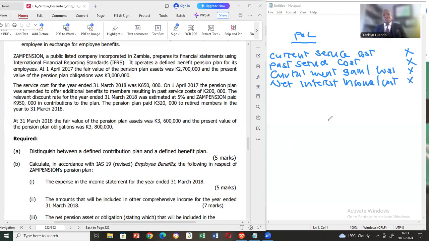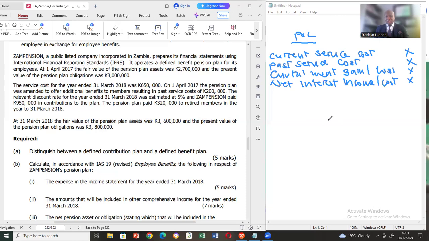Now, it is very important to understand that under pension, we have the pension asset. The pension asset will earn interest. And there will also be the pension obligation. The pension obligation will incur a cost.